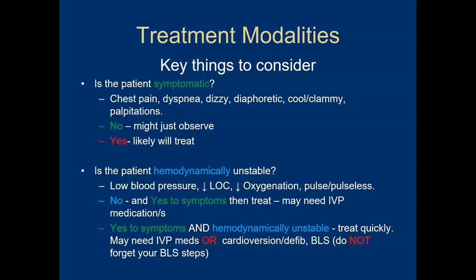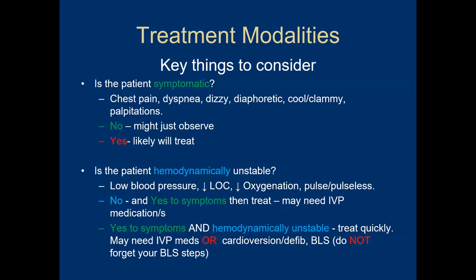So then the next question we would ask, which would help us decide treatments, is, is the patient hemodynamically unstable? Does this patient have dizziness? Did they pass out? Are they also diaphoretic, cool and clammy? And is that blood pressure really low? Or do they have altered mental status? Or is there a pulse or not a pulse?